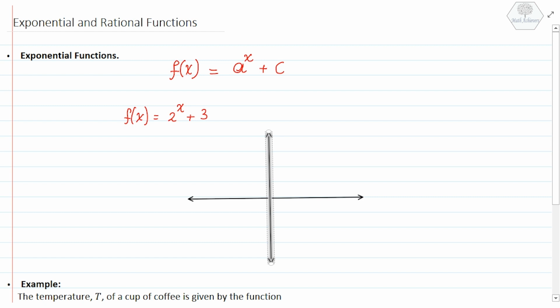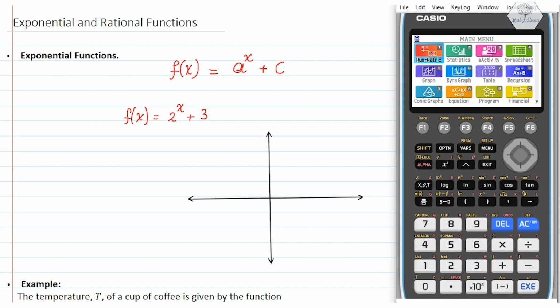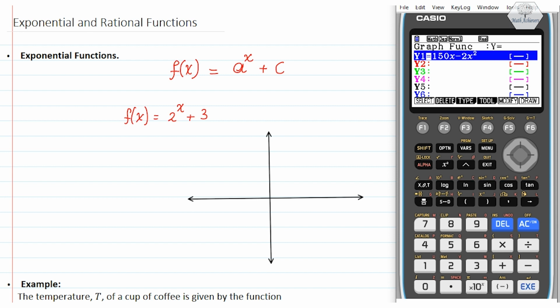We have to go to our graphical display calculator to see the shape of the function. We go to graph. Let's just clear everything, and I sketch 2 to the power of x plus 3.